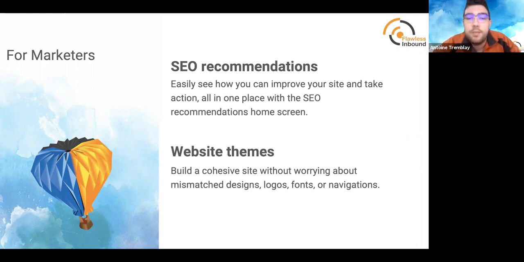The website theme is kind of working with a developer, but basically once your theme is set up, you can build a new page or edit the ones that you already have without having to worry about the design not matching or not using the right logos, fonts, or navigation, because everything is already predetermined for you.